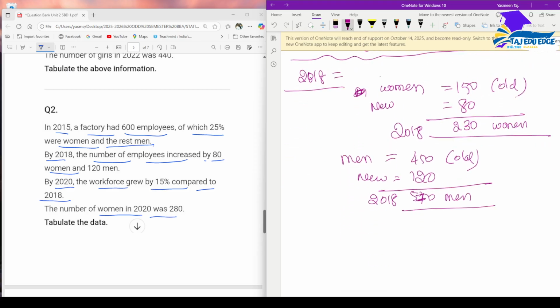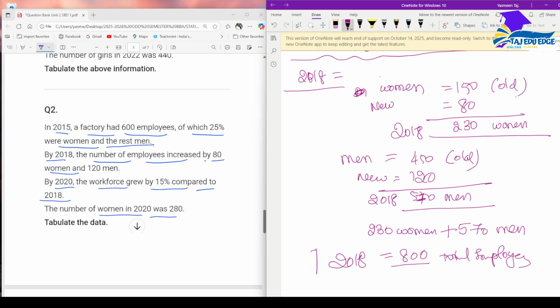So if we total 230 women plus 570 men, how much? 230 plus 570 is 800 total employees in 2018. So now we have total employees in 2018 were 800.